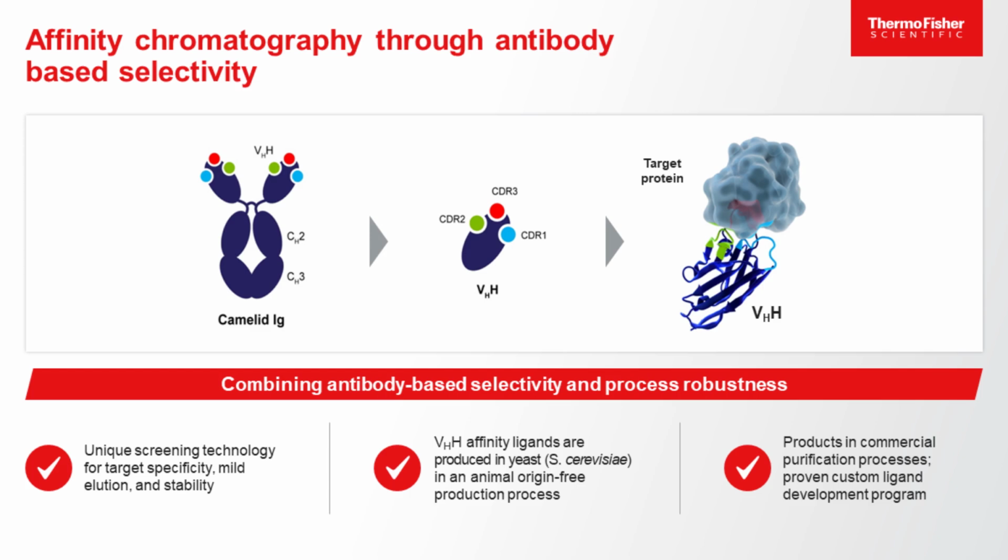All of the VHHs we manufacture are based on our platform production technology in yeast, baker's yeast, Saccharomyces cerevisiae, which results in a completely scalable and animal-origin-free production process. We've taken more than 40 of these products through upscaling, and our products are currently in commercial purification processes, for example for adeno-associated virus, antibody fragments, and recombinant proteins.